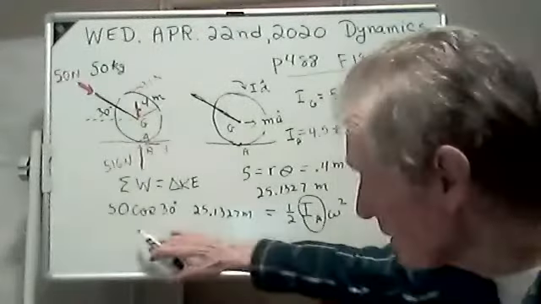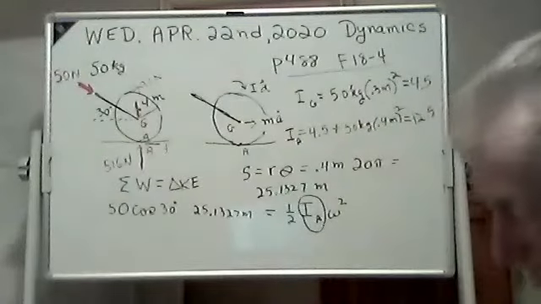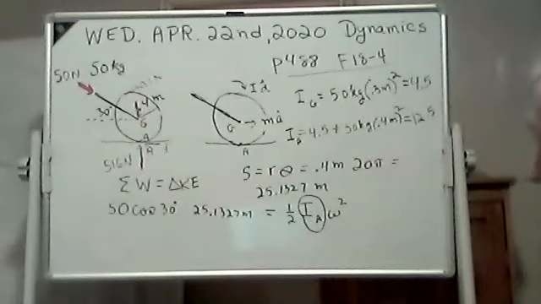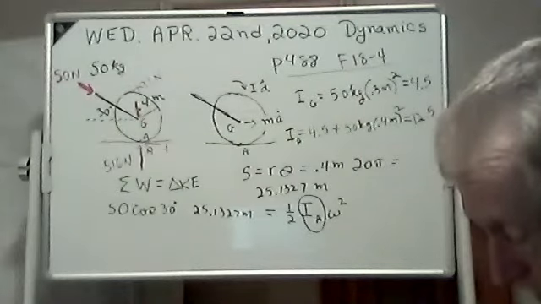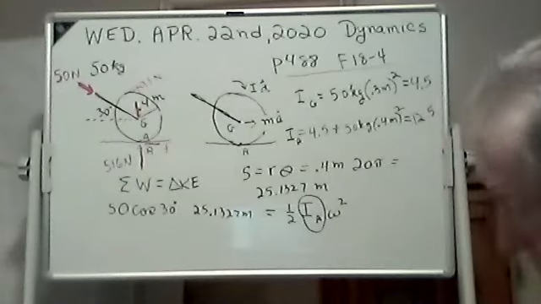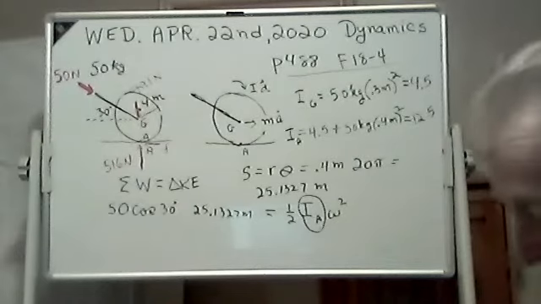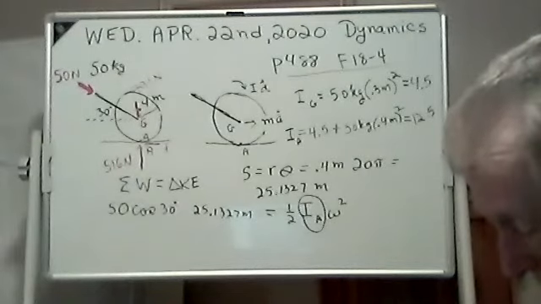I'm going to plug that in and see what this omega is. Here we go. We take that times 50 times cosine of 30. And then multiply by 2 and divide by 12 and a half.